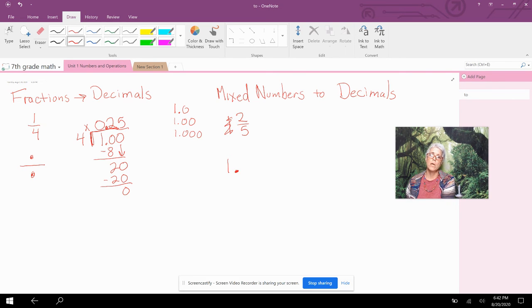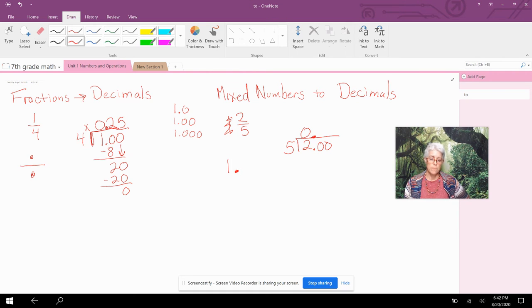Now I'm going to do top in the box with 2/5. So my 2, I just turned it into $2.00. 5 goes into 2 0 times.